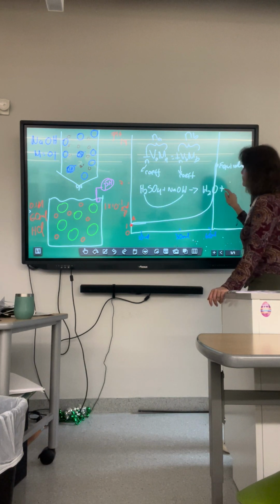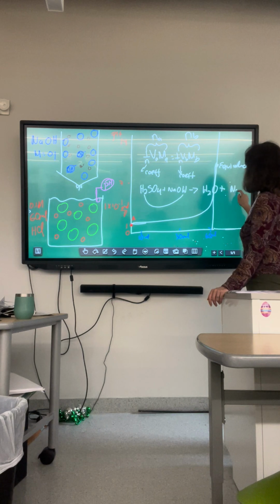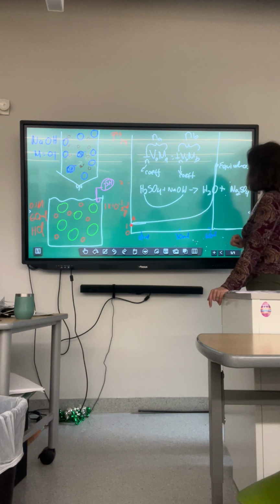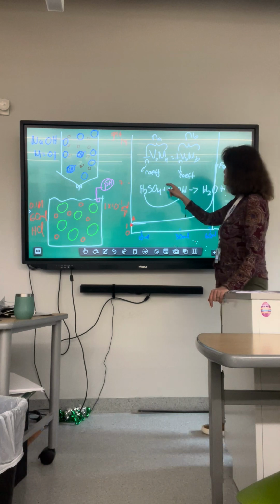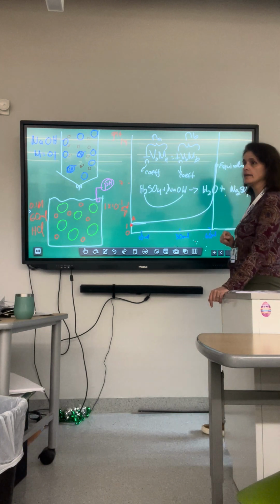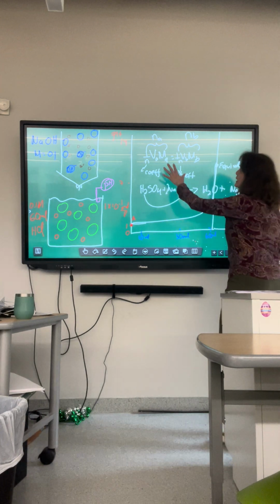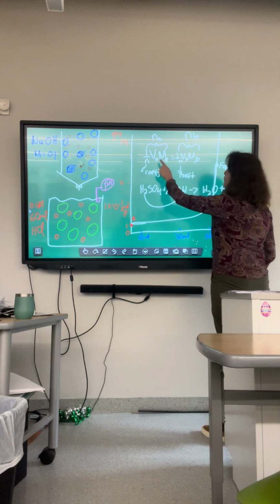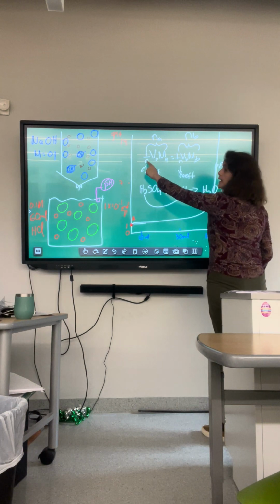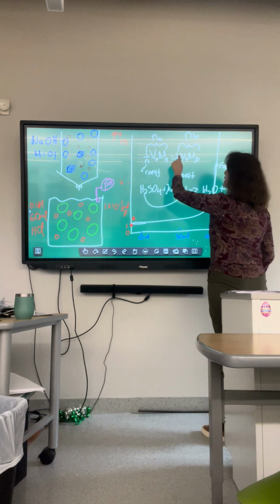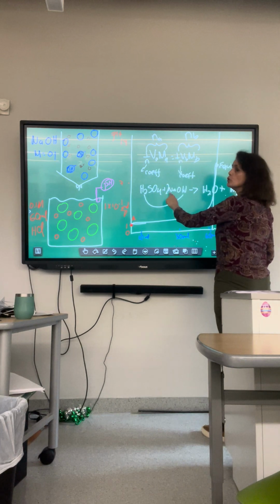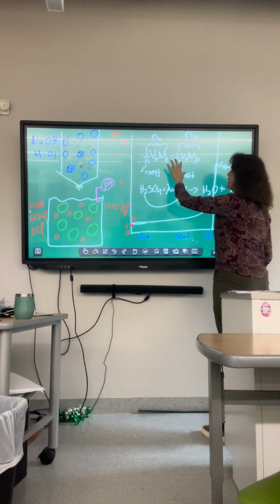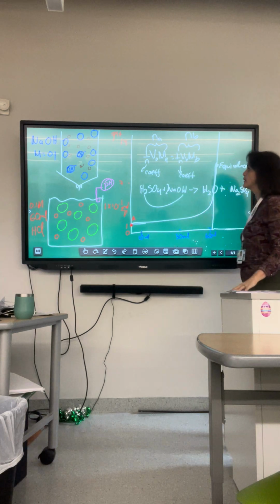H2O plus Na2SO4, right? And when you balance it, what do you have to do? So when you are doing the boom boom, it will be 1 over 1, so you don't really write that one, but this will have been 1 over 2. That's what I mean by 1 divided by the coefficient.